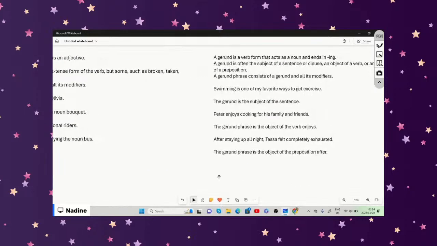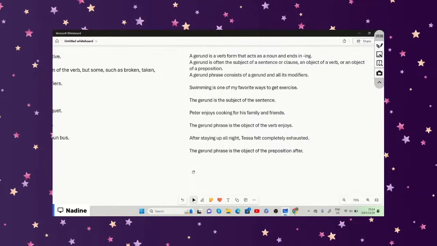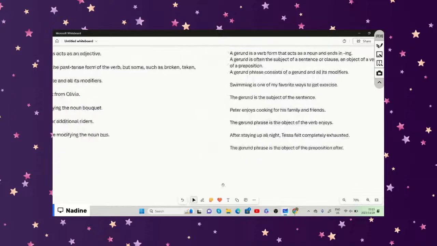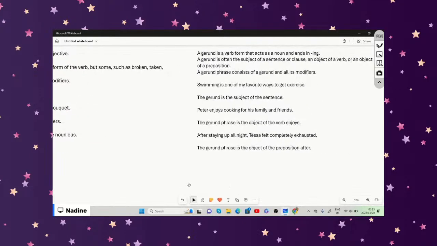And in this case, a gerund is a verb form that acts as a noun, not an adjective like a participle, and it ends in ing.